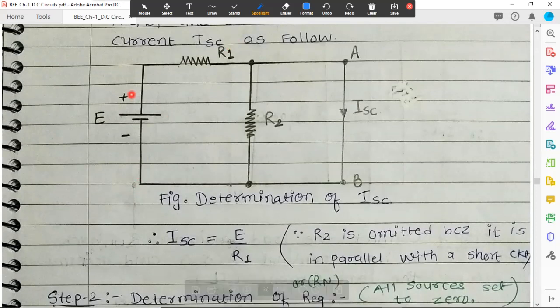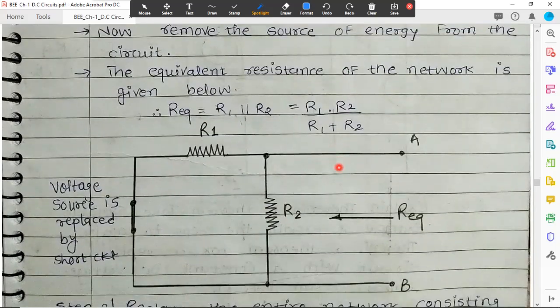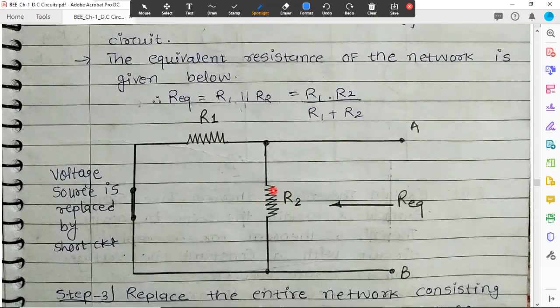This voltage source can be short circuited and we have to measure resistance between terminals A and B. Here these both resistances are in parallel and we have to measure R equivalent from terminals AB. So basically R equivalent is R1 parallel R2, so R1 R2 upon R1 plus R2.